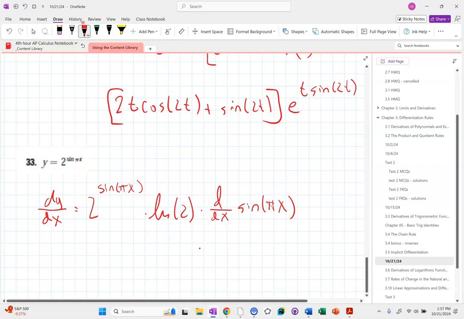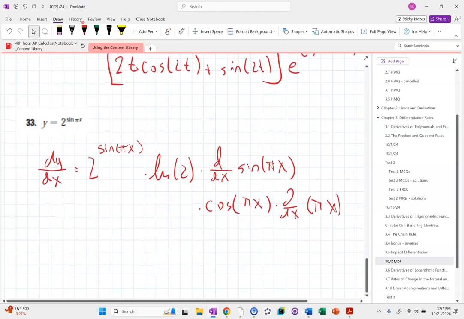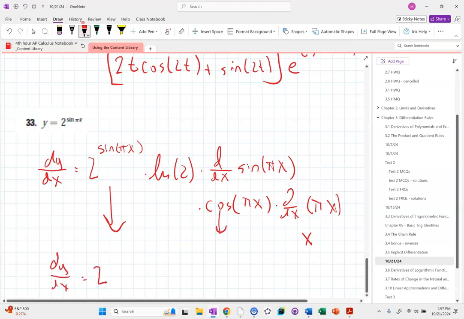And the derivative of sine pi x is the derivative of the outside, so cosine, times the derivative of the inside, pi x, and that's just pi. So if I copy this all down, we have 2 to the sine pi x times natural log 2 times cosine pi x times pi.